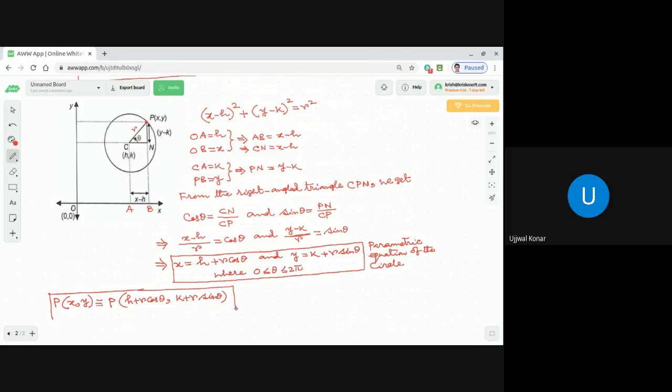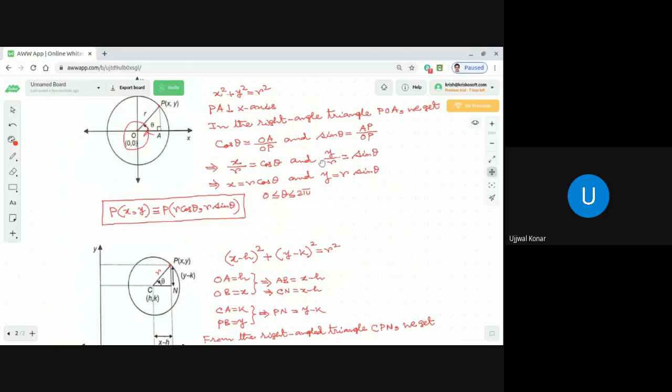And one interesting point is that from this equation, whatever I have derived now, you can find the parametric equation of the circle when the center is at origin, just by applying h equal to 0 and k equal to 0. If we apply h equal to 0 and k equal to 0, dear students, you will get exactly whatever we have done here, r cos theta comma r sin theta, right?